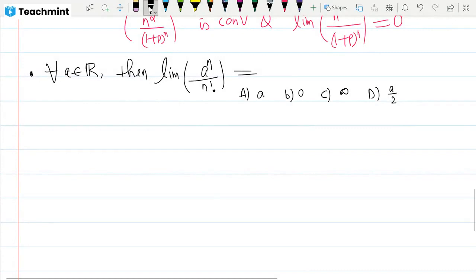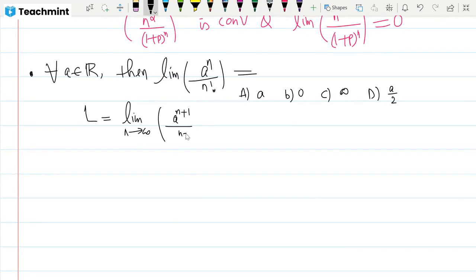So I am using the ratio test for sequences. Now I am calculating my L as the limit as n tends to infinity of xn plus 1 over xn. Here xn is a power n over n factorial. So this is a power n plus 1 by (n plus 1) factorial, into n factorial by a power n.